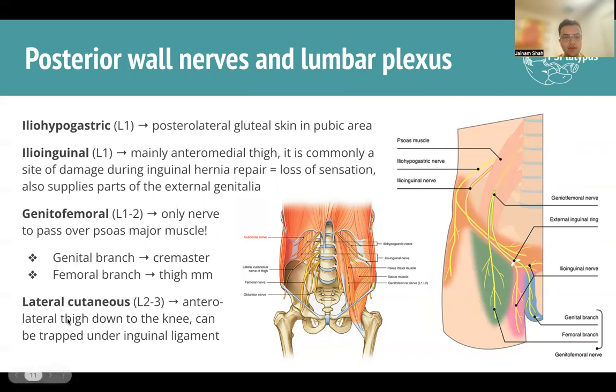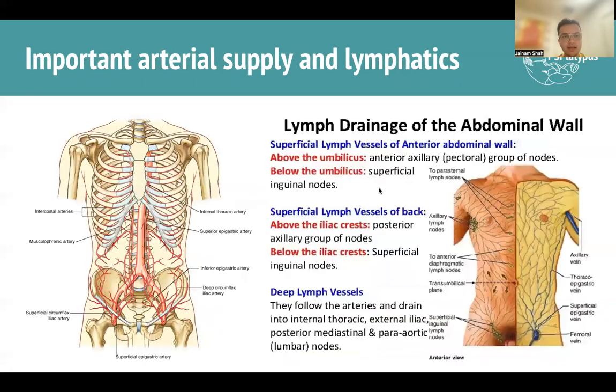It supplies the anterolateral thigh down to the knee, and it can be trapped under the inguinal ligament in some pathologies, but it's very, very rare for this to be involved in any sort of problems. Just remember that these are the 4 main nerves that you'll have. Of course, you also have bits of the lumbar and sacral plexus around this area, but this would have been covered in lower limb. So if you want a bit of a revision there, just have a look at our slides from back in lower limb, and that should cover most of that content.